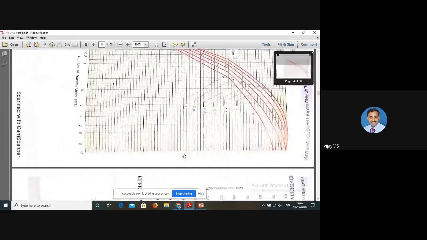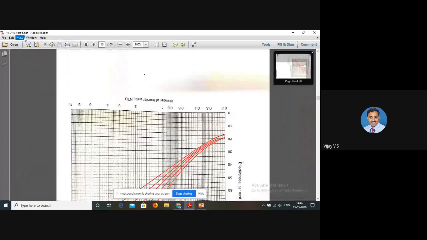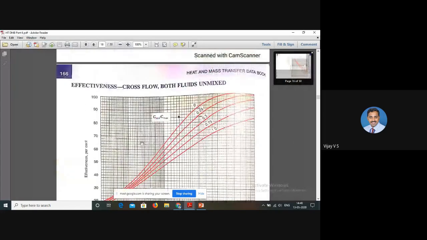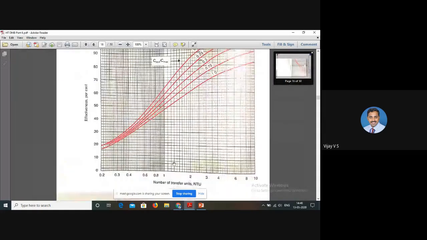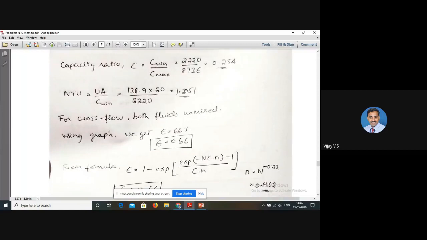This is parallel flow, counter flow, shell and tube. Cross flow, both the fluids unmixed. What is the NTU value we got? NTU value is 1.25, capacity ratio 0.25.